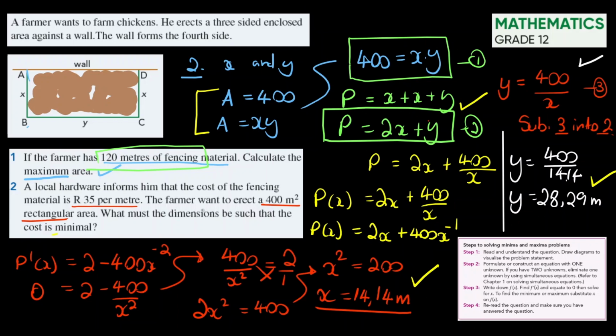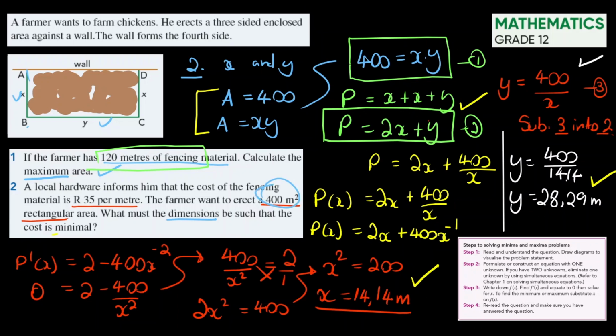And a quick hint of how we knew which formula to use was the word dimensions, because dimensions only refers to x and y, and the formula that represents x and y is perimeter in that sense. And we used the area of 400 in our area formula.